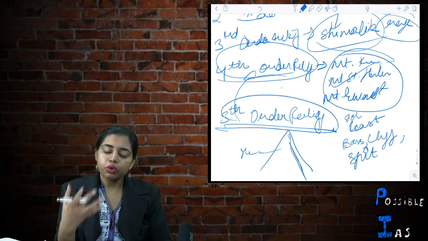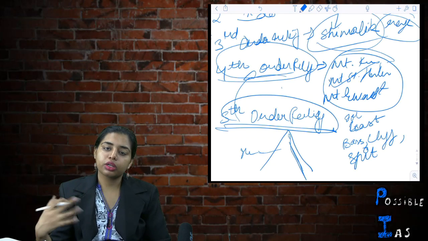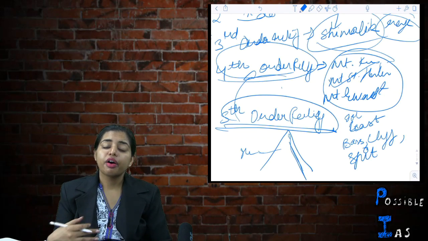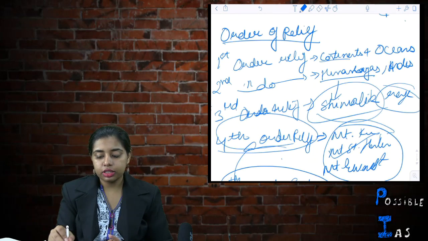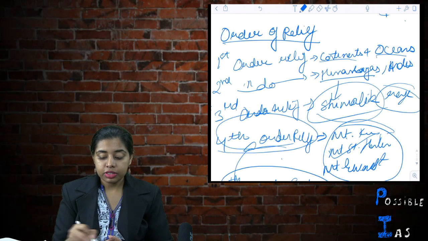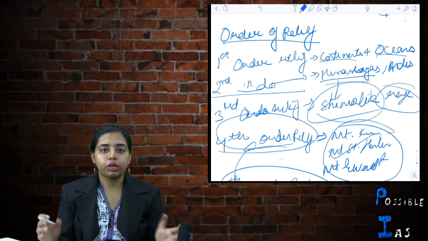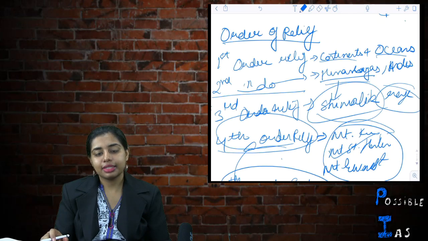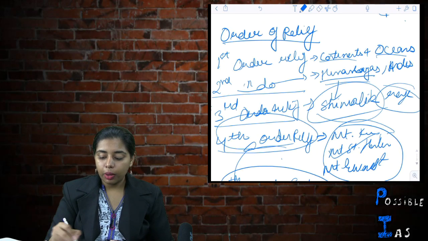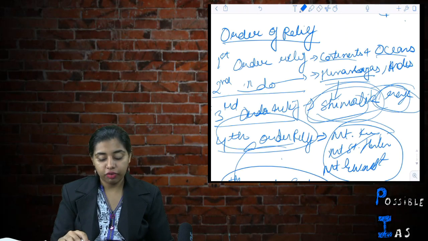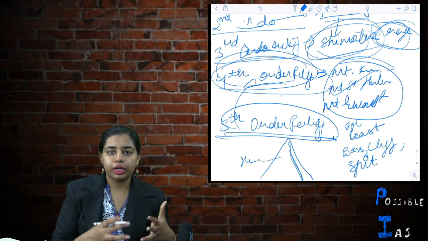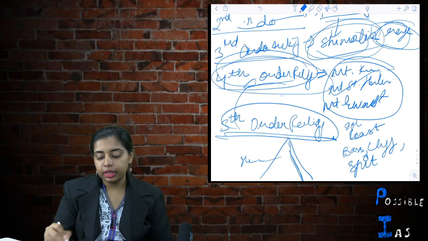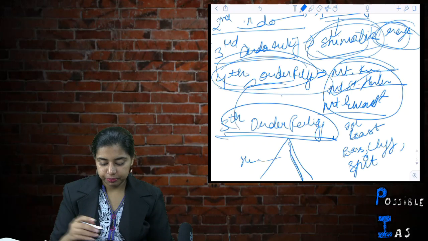So now you see that with every subsequent order, we are breaking it down further. The first order example is continents and oceans, Pacific Ocean, North America continent, South America continent. Second order example is huge mountain ranges such as Himalayas or Andes. Third order relief forms the smaller mountain ranges such as Shivaliks. Fourth order relief will form single features such as a mountain or a hill like Mount Kenya, Mount St. Helens, Mount Everest.